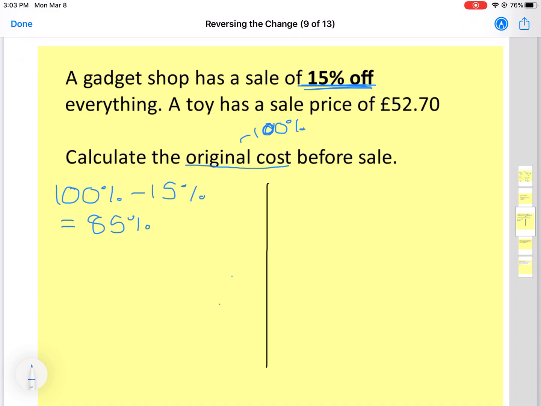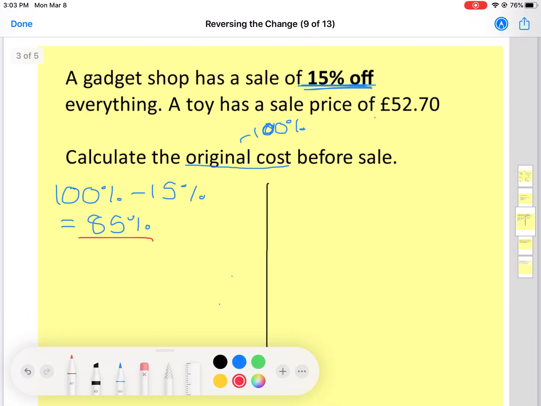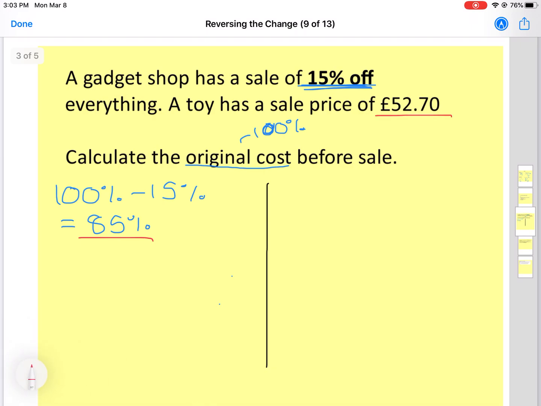So, the first way, once we have that percentage, I am given 85%, and I'm also given a value within the question. So essentially what I'm being told here is that 85% of this toy's value is equal to £52.70. I've calculated the resulting percentage.